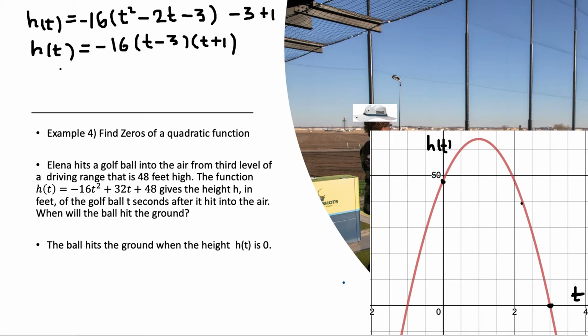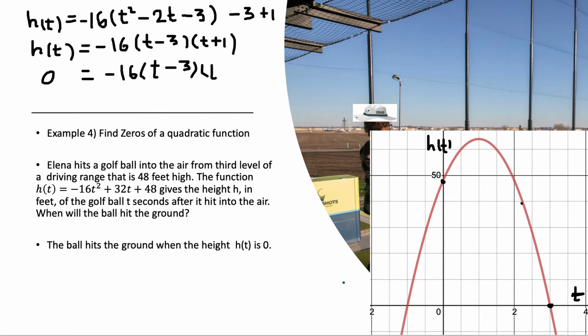Now, we are taking h of t as 0, and we can rewrite everything: minus 16, and then we are trying to find the time t. Here is t minus 3, and the other one is t plus 1.